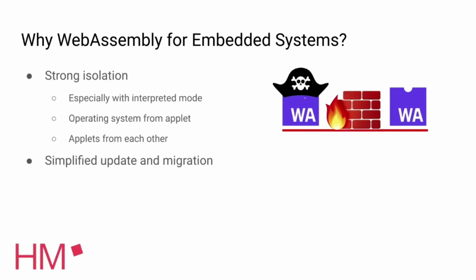That's also one of the topics we see for the future for embedded systems, that we want to have the ability to split code into multiple applets and have isolation properties assigned to the communication between those applets.